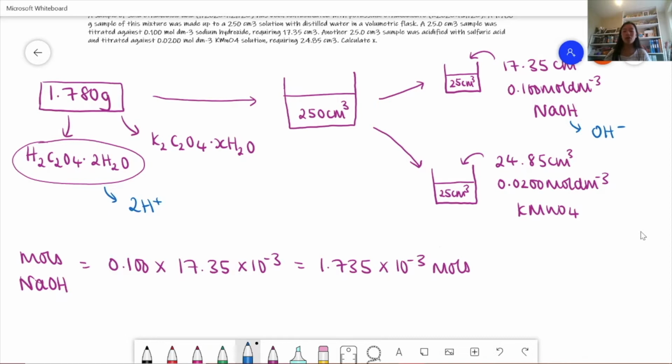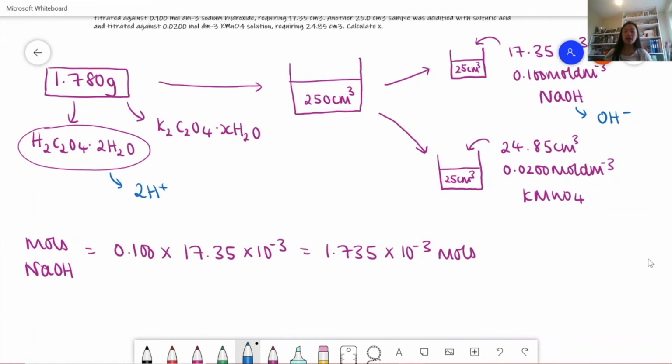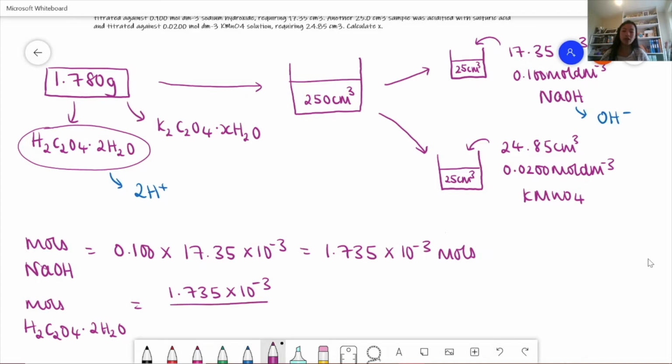And so the moles of the ethane dioic acid we have will be half the number of moles of sodium hydroxide that we used. And so we get that the moles of ethane dioic acid is equal to 1.735 times 10 to the power of minus 3 over 2, which is equal to 8.675 times 10 to the minus 4 moles.